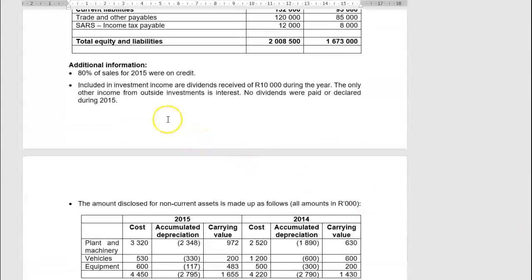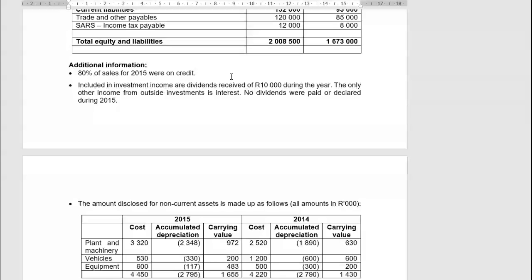Additional information, 80% of the sales for 2015 were on credit. Now, obviously, we know that we only post to our debtors accounts credit sales. But if we're only going to post 80% to our debtors accounts, and let's say we reconstruct our debtors account and we get the bank figure as it was actually posted to the debtors account, whenever we want to record cash received from customers, cash sales is also cash received from customers.